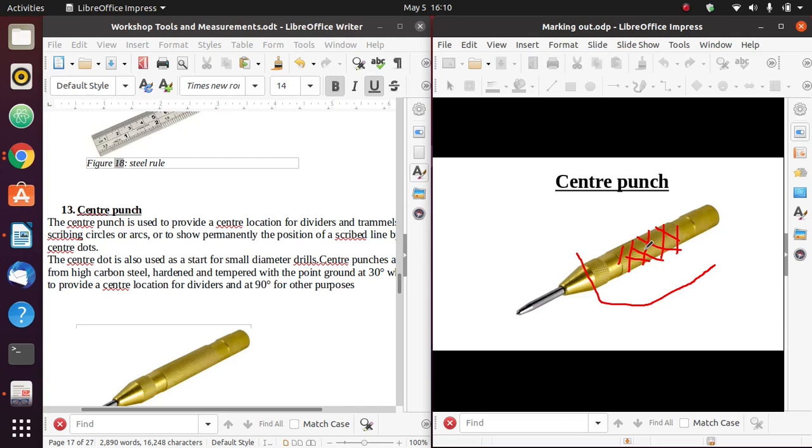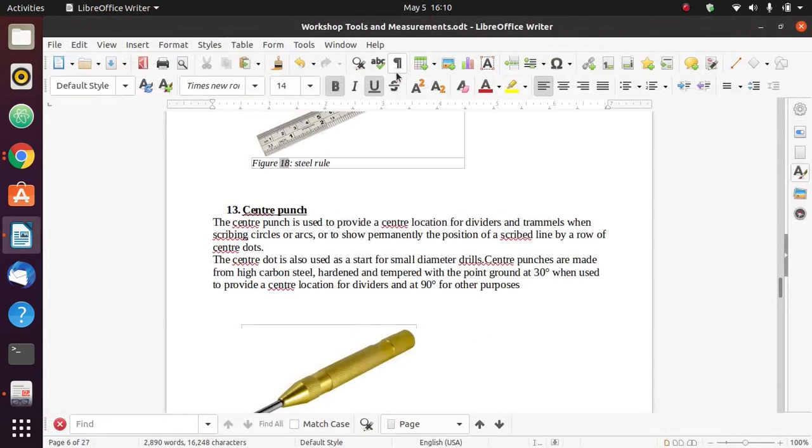So it helps you to mark the position of where you're going to drill. Now I can also use this center punch. It is usually used to permanently mark the center of circles and arcs. And you have to be very careful when you use these center punches, because you will be unable to remove those marks once you, let's say you want to do finishing processes.